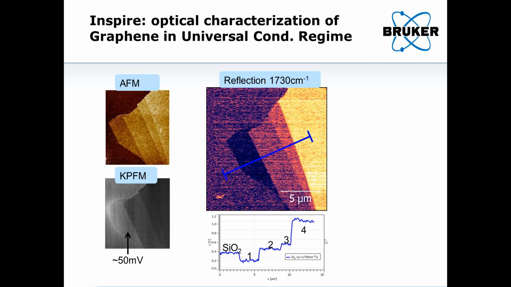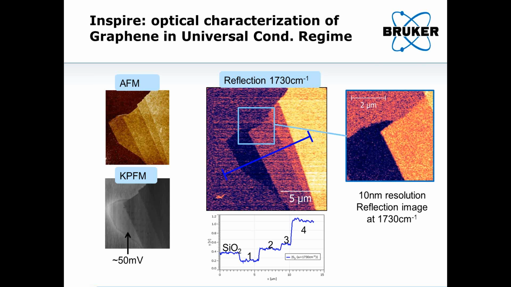This data is very reproducible. We will almost always see this same profile on graphene flakes that are exfoliated onto silicon dioxide substrates. So this type of SPIR imaging in the universal conductivity regime could, for instance, be used to unambiguously identify single-layer regions.